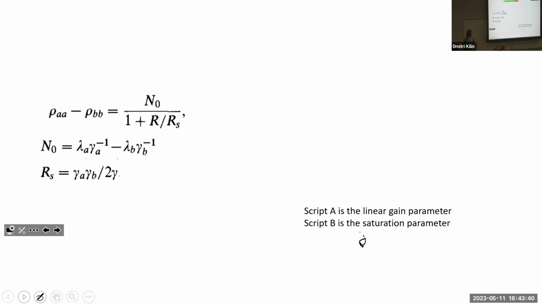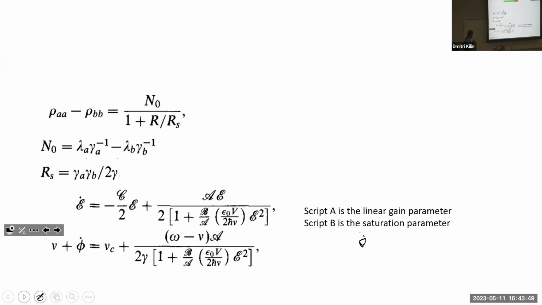So we now have this equation for our population and the various components of it. We plug that into our previous two equations, where in this case, capital V is the volume of our cavity.